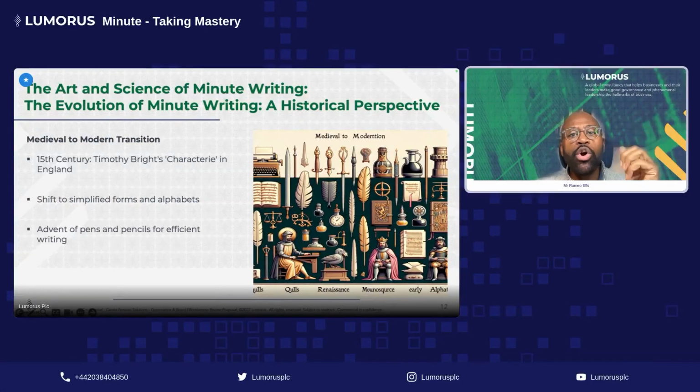This period saw a move towards more simplified forms, and was also the period of the introduction of alphabets, greatly influenced by the invention of the pencil and the fountain pen. This evolution, of course, was critical in making writing more efficient and accessible, setting the stage for modern practices.